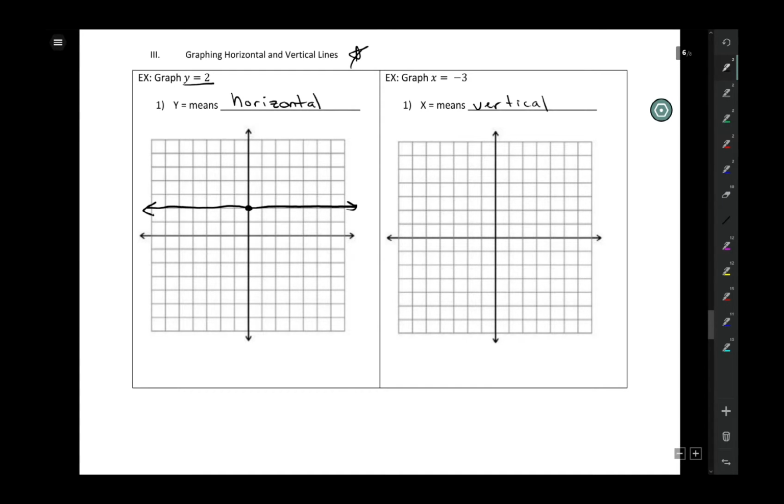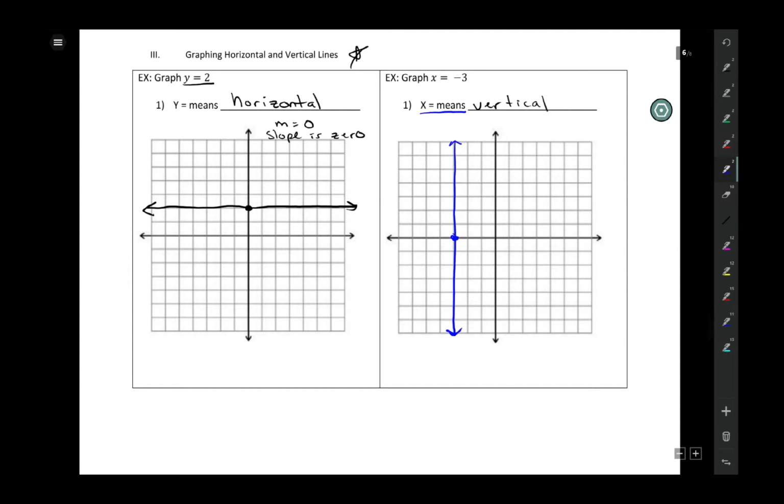Okay? Few things about horizontal. That means the slope is 0. For vertical lines, it's going to look a little different. It's x equals -3, so you go over to -3, boom, boom, boom, and it's a vertical line.